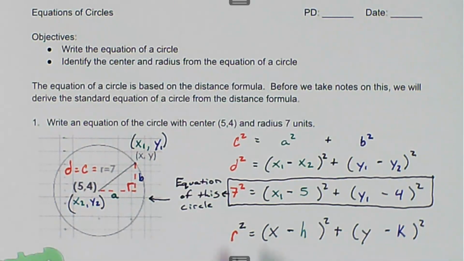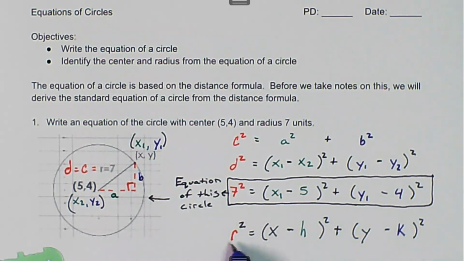Notice there's only three things that change: the radius, the x value of the center point, and the y value of the center point. The rest of the equation doesn't change. It's always parentheses x minus, parentheses squared, plus, parentheses y minus, parentheses squared. That never changes. There's only three things that change: the radius and the two coordinates of the center point.